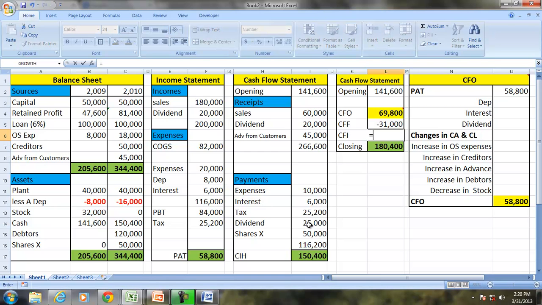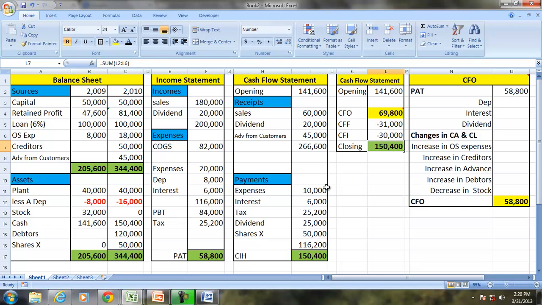CFI, investment decision. We have received dividend, which is an inflow from investment decision, and there is an outflow of purchase of shares. So there is outflow, the cash from investment decisions is negative.